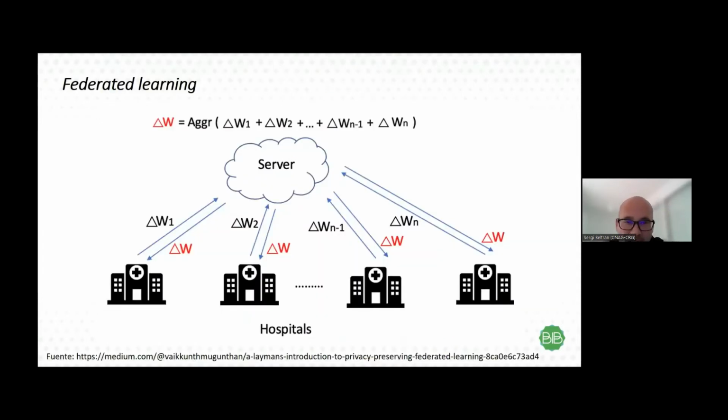The idea here is that we don't move the data to a central place, but rather distribute the queries to different places and then collect back the results from these queries. So this is the rationale behind this federated learning.